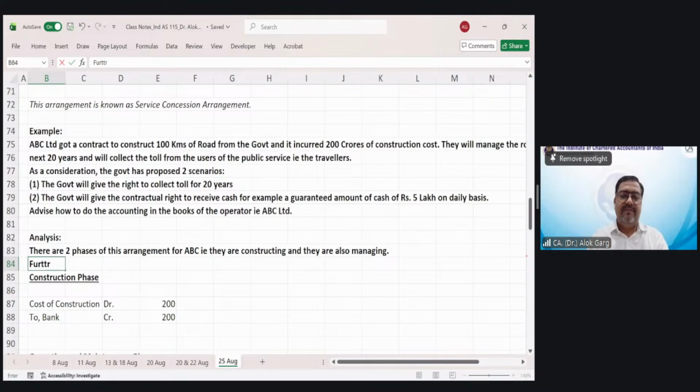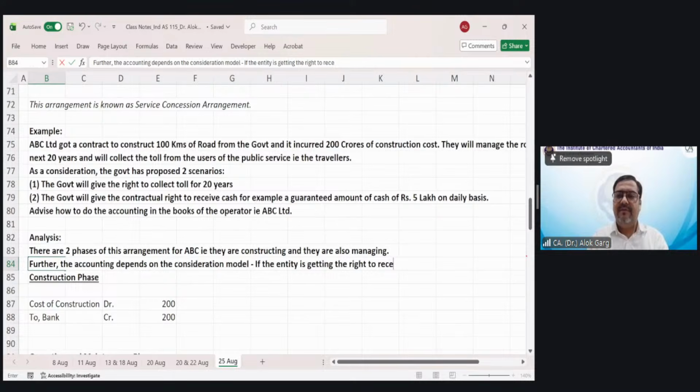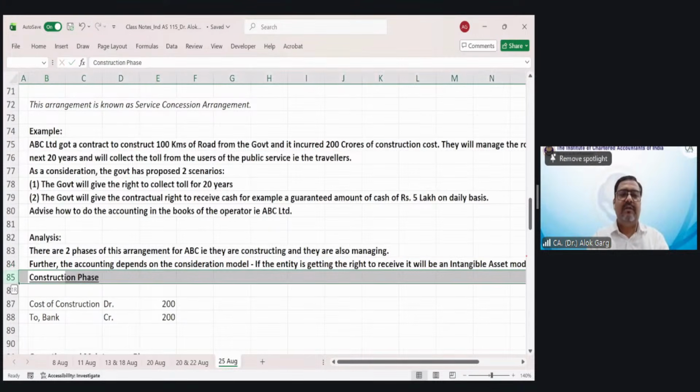Further, the accounting depends on the consideration model. If the operator or the entity is getting the right to receive, it will be an intangible asset model.